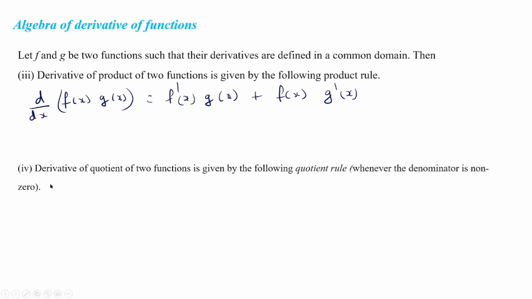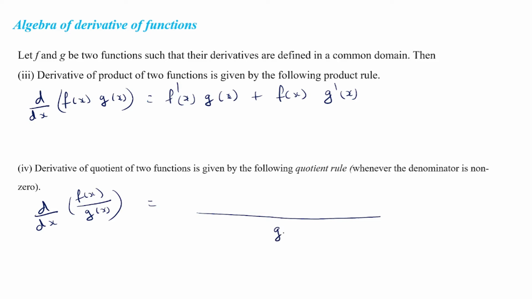The next one, the derivative of the quotient of two functions is given by the following quotient rule. That is d by dx of f of x upon g of x. To find this derivative, the denominator we have is g of x the whole square, and in the numerator we have f dash of x into g of x.